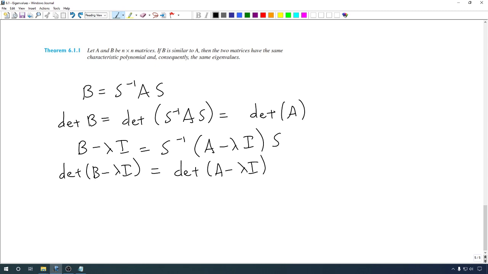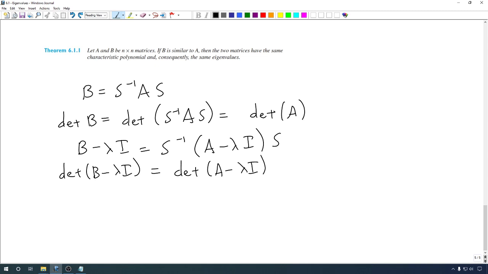Now, that is not really true of the eigenvectors. The eigenvectors corresponding to lambda for B and for A can be a little bit different. There's actually an exercise about that, exercise 26.